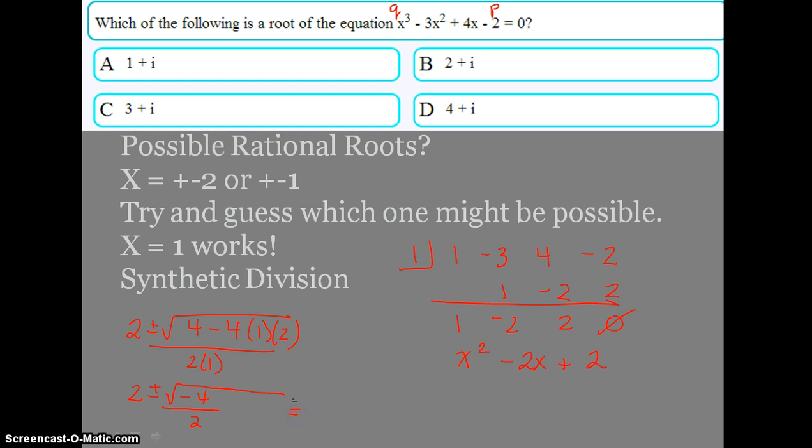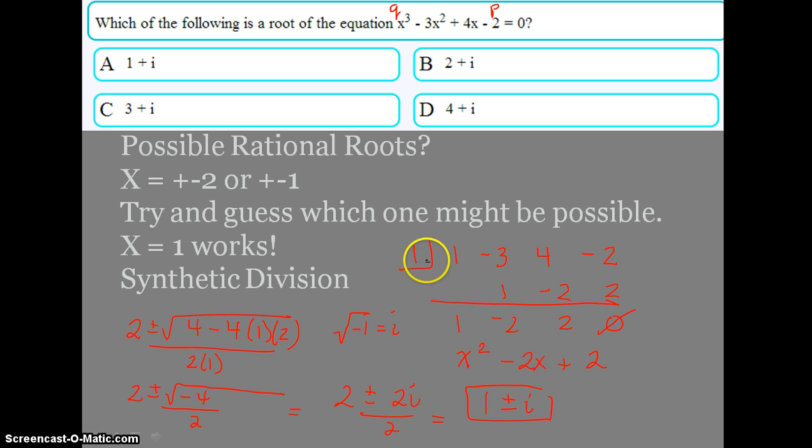And remember from your Algebra 2 days that the square root of a negative number involves an imaginary number. Square root of -1 equals i. So square root of -4 should be 2i. And then if we simplify, canceling the 2 out of each term, I get 1 plus or minus i as the other 2 roots.